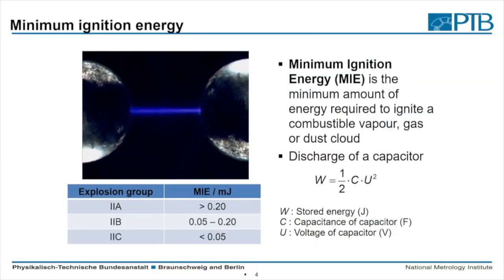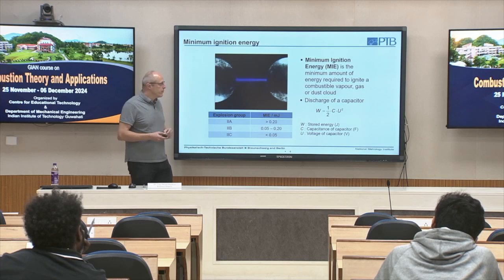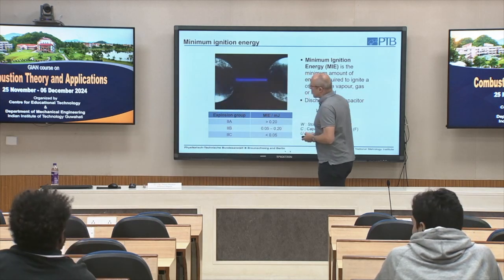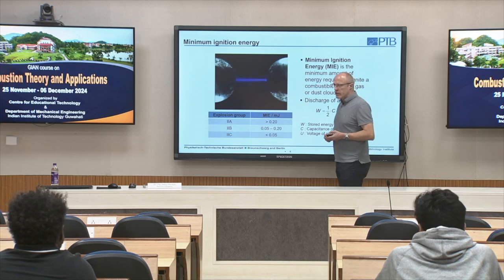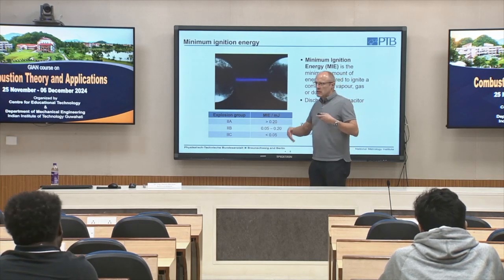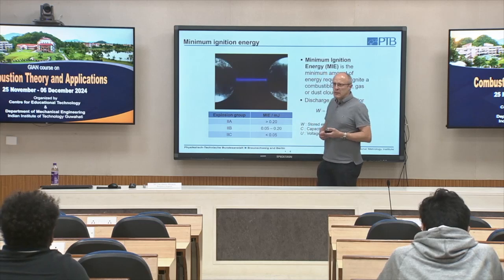And today I will focus on the hopefully now well-known minimum ignition energy. So here we talk about normally breakthrough discharges, so very short discharges with respect to time, so 50 to 100 nanoseconds maybe.